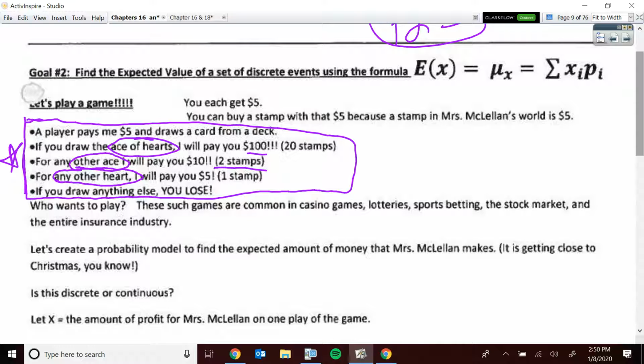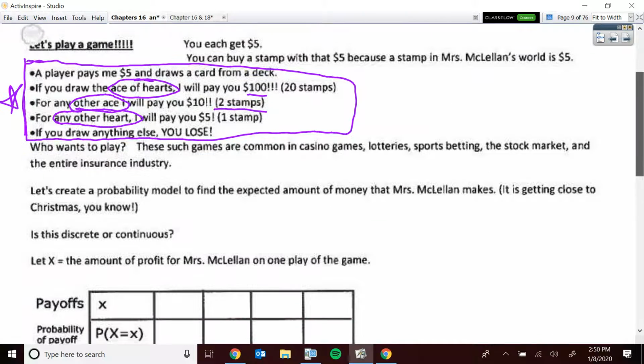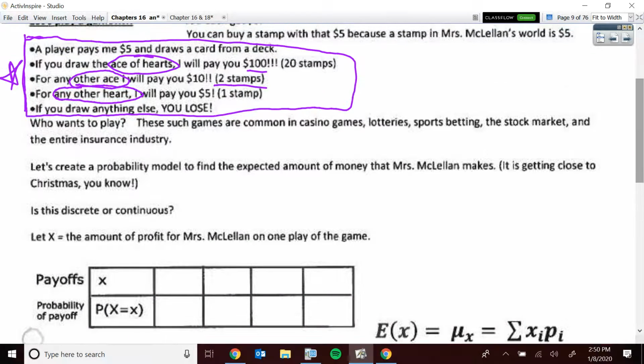Let's see. First of all, is this considered a continuous scenario or a discrete scenario? Why would you consider it discrete? There are 4 possible events that can occur, so there is a countable number of outcomes.